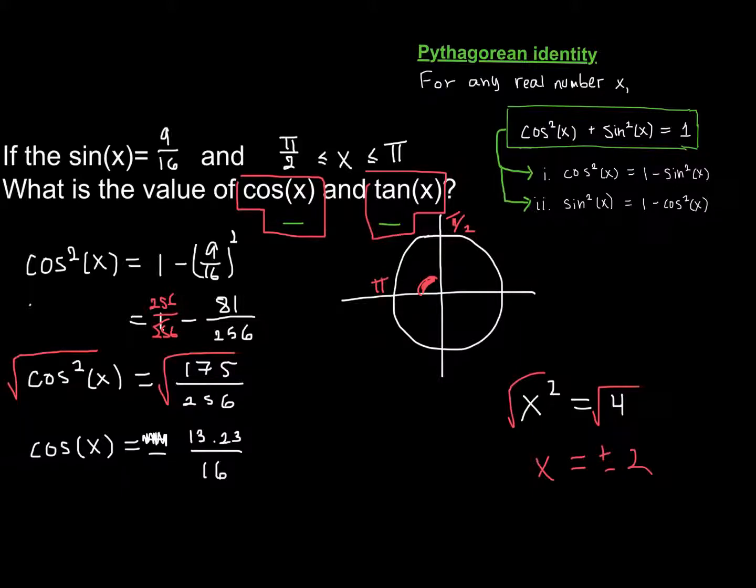And if I were to estimate that, come up with an approximation here, I get that 13.23 divided by 16 is approximately negative 0.83. Okay, and this is an important comparison here, because we want to think about our comparison angle that we had at the very beginning of our work here, and that was 5 pi over 6.